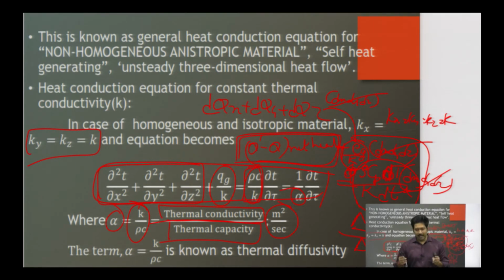Then we do some mathematical juggling as we have already done here. We take the volume dx, dy, dz common and neglect it, and take the material properties as homogeneous and isotropic, so kx, ky, kz becomes k. I take k common and divide it throughout, so it is qg by k and then rho c by k, and rho c by k equals 1 by alpha, because alpha is k by rho c, the thermal diffusivity.